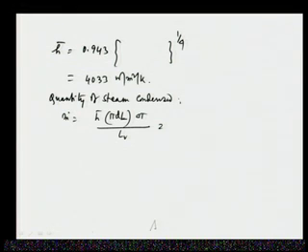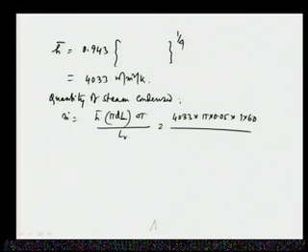So, it is becoming 4033 into pi into 0.05 into 1 into 60 divided by 2.5 into 10 to the power 6, into 3600 to convert into per hour. So, it happens to be 54.73 kg per hour.